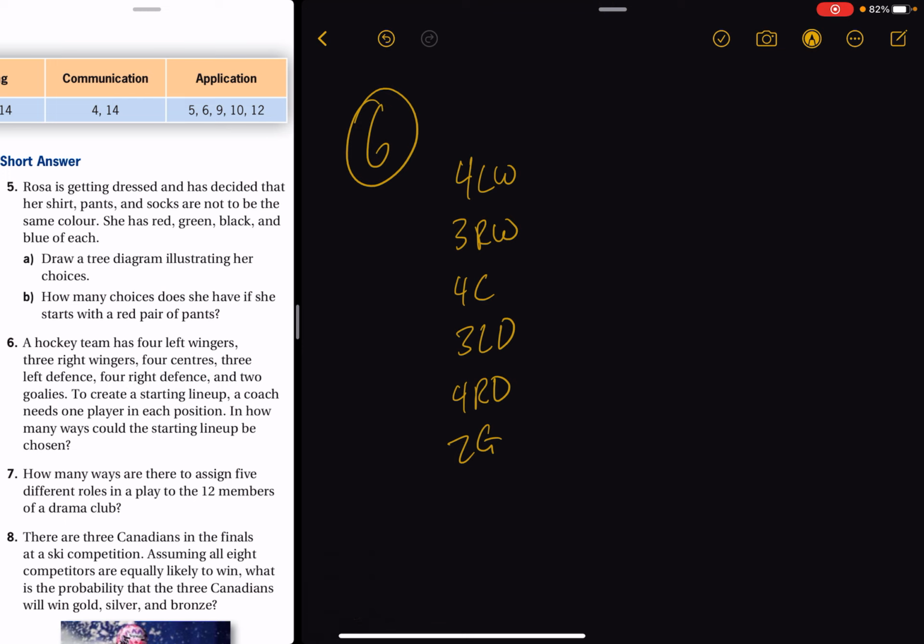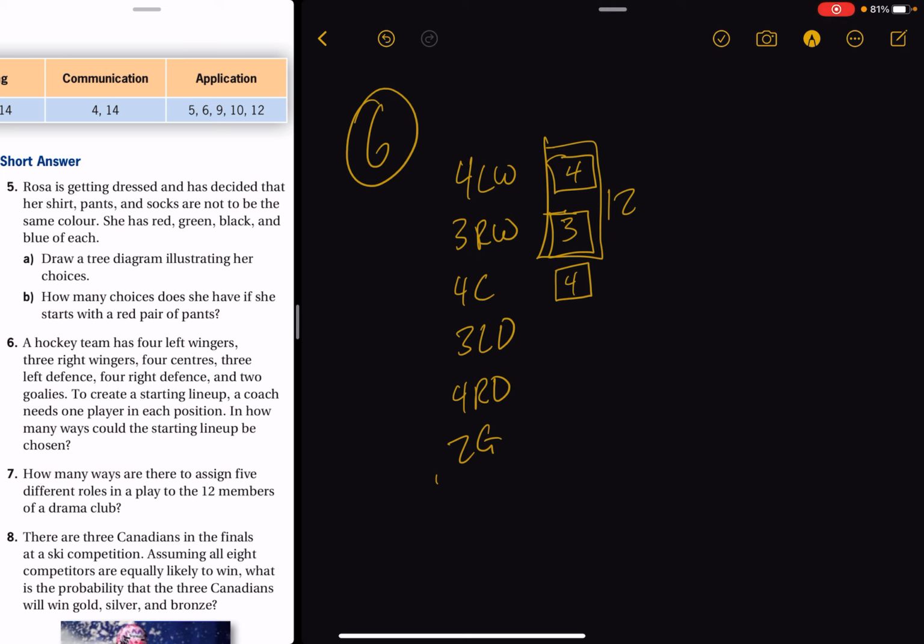So, obviously, positioning matters, right? So, I have a choice for each of these. How many choices do I have for left wing? 4. For every one of these choices, I have 3 choices of right wing. And for each one of those, I got 4 centers, right? So, I have 12 of these combinations.